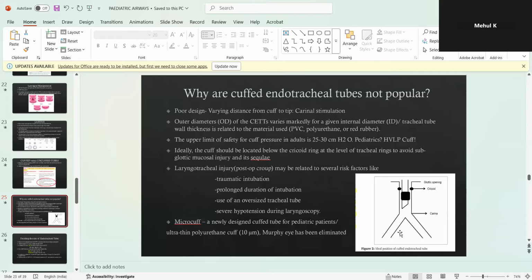Certain factors increase the risk of laryngotracheal injury using cuffed tubes, especially a traumatic intubation, prolonged duration of intubation, or an oversized tube. If the patient's hemodynamics are already compromised during laryngoscopy, the mucosal perfusion is compromised, which can worsen laryngotracheal injury, which is basically post-op croup.